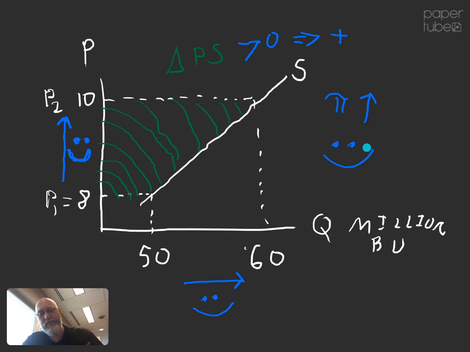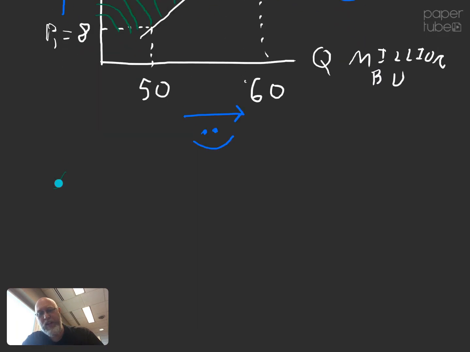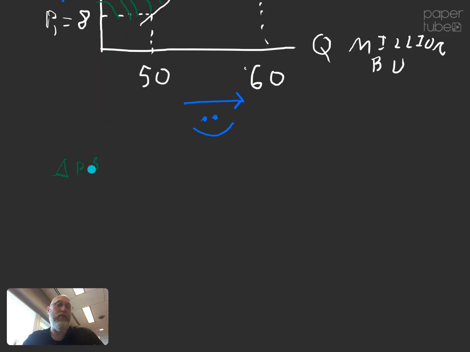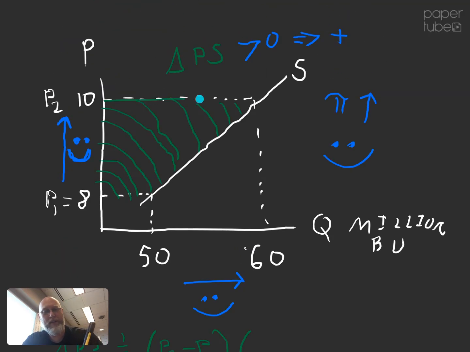Switch back to green. The formula for the change in producer surplus is just the formula for a trapezoid. It's 1/2 of the height, where the height is going to be the change in the prices. And it's always going to be P2 minus P1 multiplied by the length of the top of the trapezoid and the length of the bottom of the trapezoid, which is always going to be our two quantities.